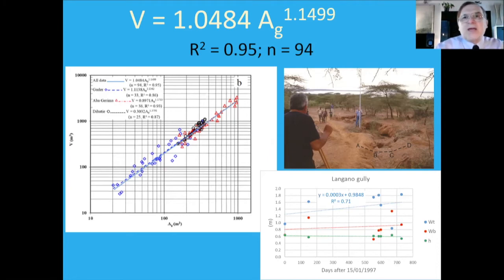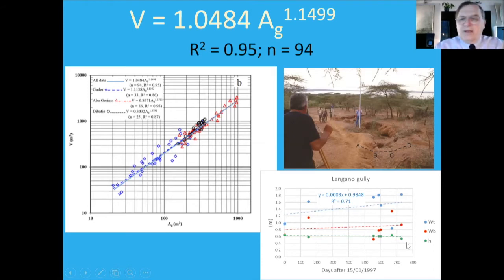This correlation has a high correlation coefficient, and this is probably why, because as we observed in another gully in the Rift Valley in Ethiopia, by field measurements of the gully size across a 9-year interval, you see that top width has been increasing almost constantly, whereas depth remains more or less the same.